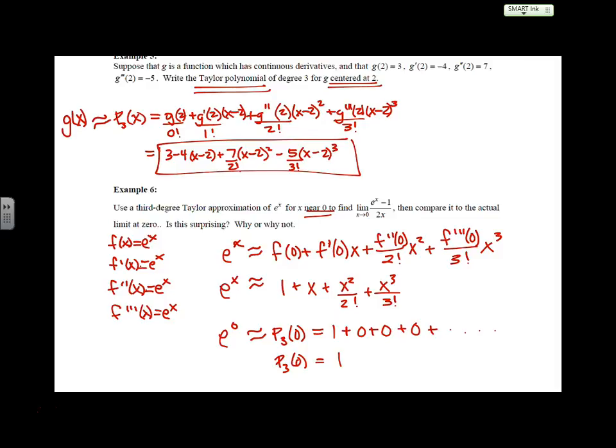Why are they having us do that? Compared to the actual limit at 0, why are they asking us to use this? You can use the approximation to plug it in, then compare it to the actual limit.